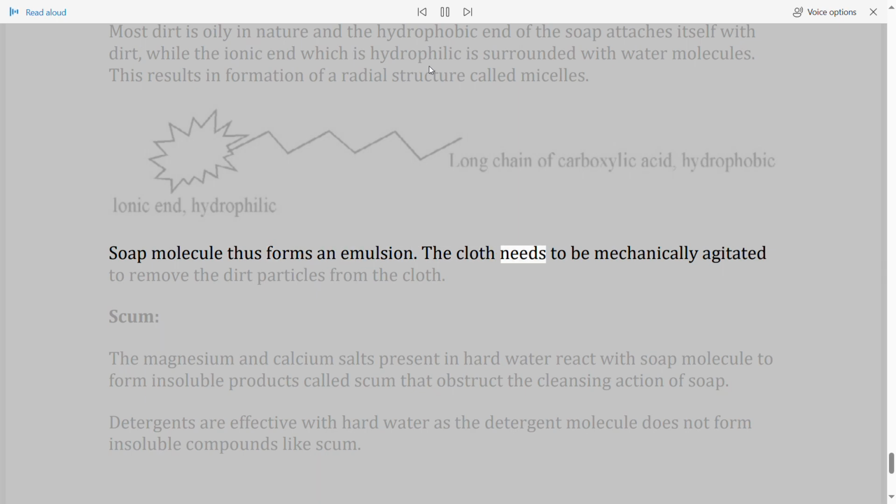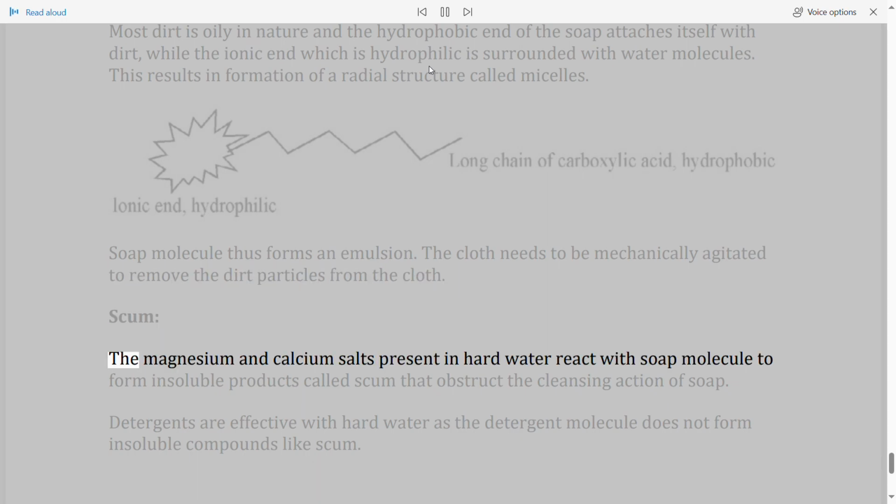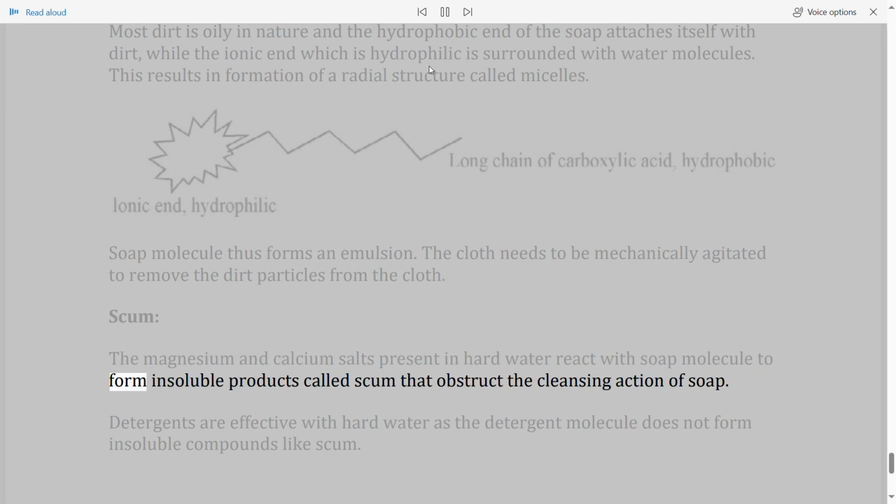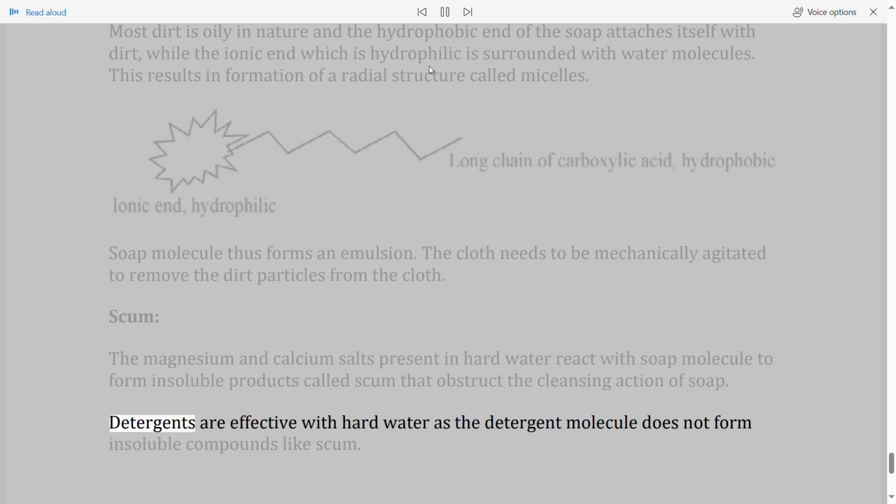The cloth needs to be mechanically agitated to remove the dirt particles from the cloth. Scum: the magnesium and calcium salts present in hard water react with soap molecules to form insoluble products called scum that obstruct the cleansing action of soap. Detergents are effective with hard water as the detergent molecule does not form insoluble compounds like scum.